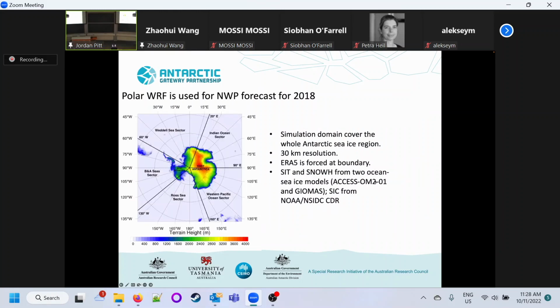The model we used for simulation here is a polar-WRF model. Polar-WRF is a polar optimized WRF model. A WRF model is a weather research and forecasting model developed by NCAR. And we used the polar-WRF model to do some simulation for the year 2018. The left figure shows our simulation domain that covers the whole Antarctic CS region with a 30 kilometer resolution.